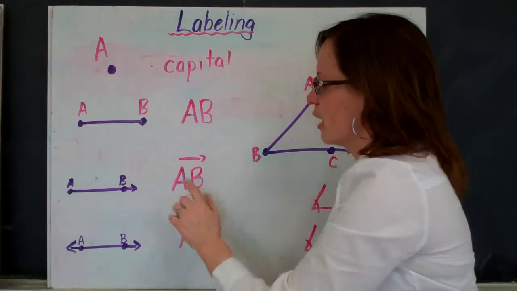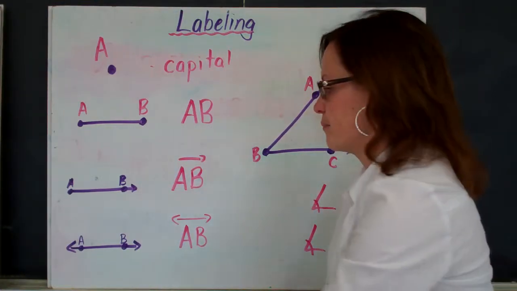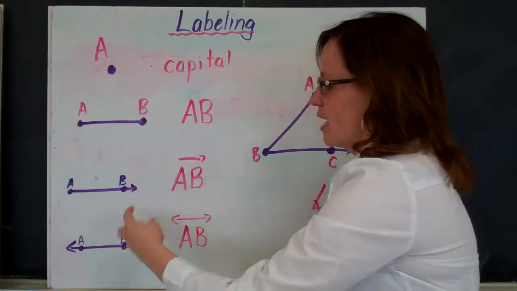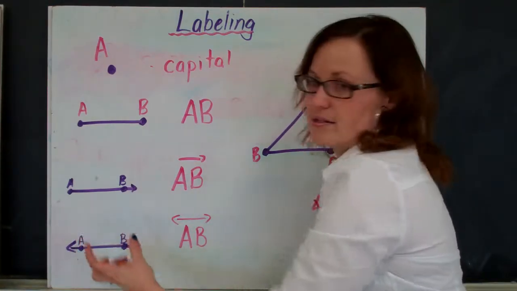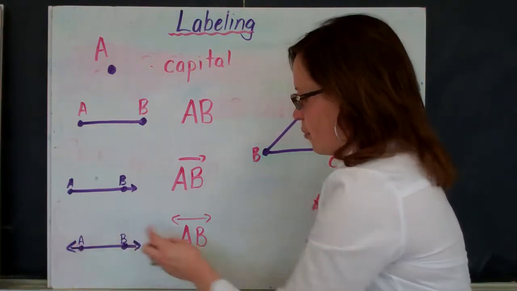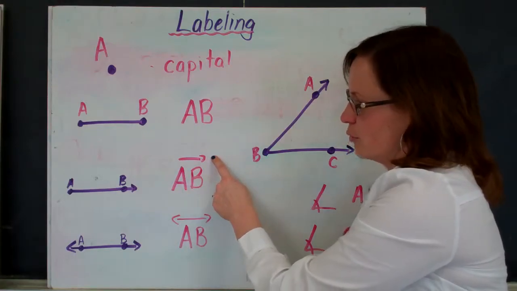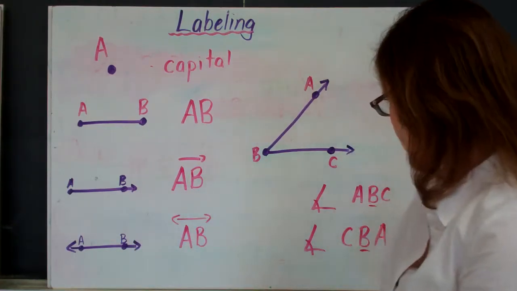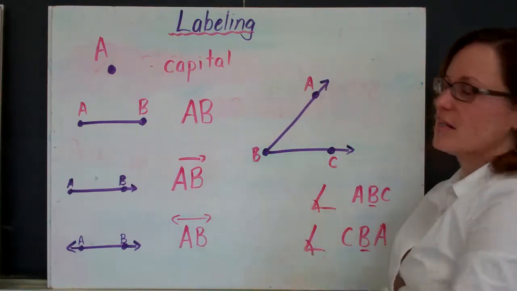This symbol just represents a ray. And a line, again, the line goes off in 2 different directions. You have to have 2 points on it to identify it. So you have point A and point B, and similar to the ray, it's just an arrow that goes in each direction.